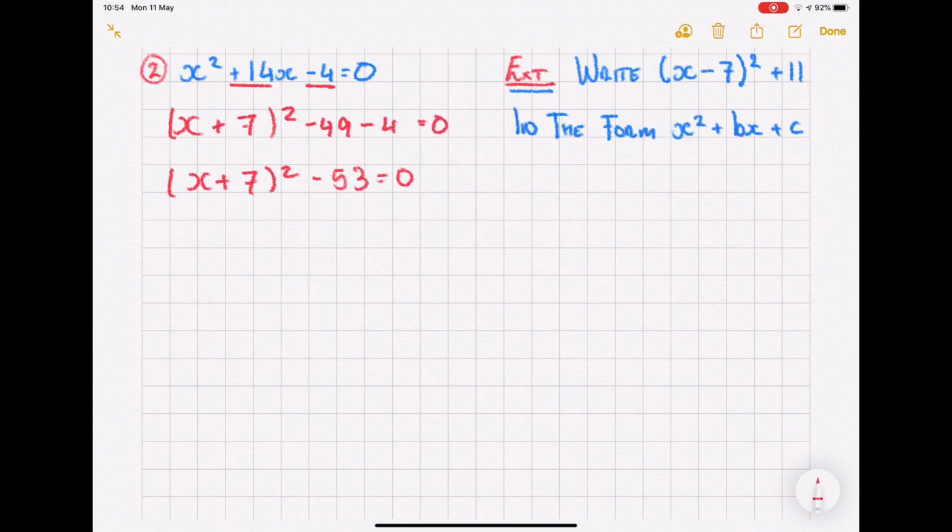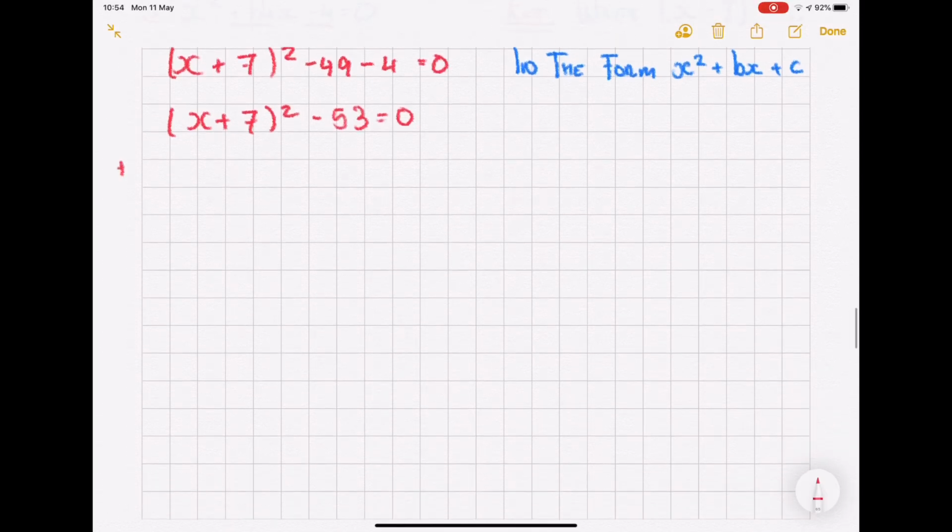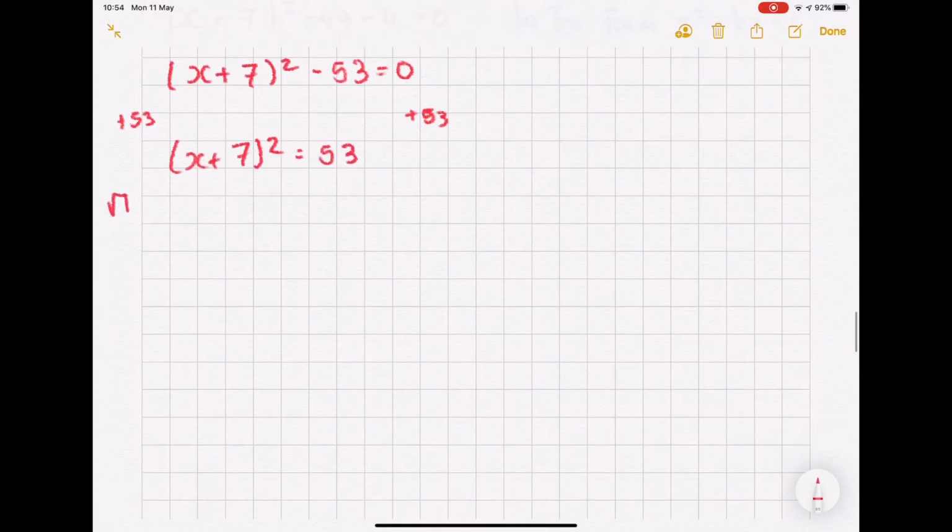Now let's solve, so plus 53 to both sides. We end up with x plus 7 all squared equals 53. Let's square root both sides. So x plus 7 equals plus or minus the square root of 53.